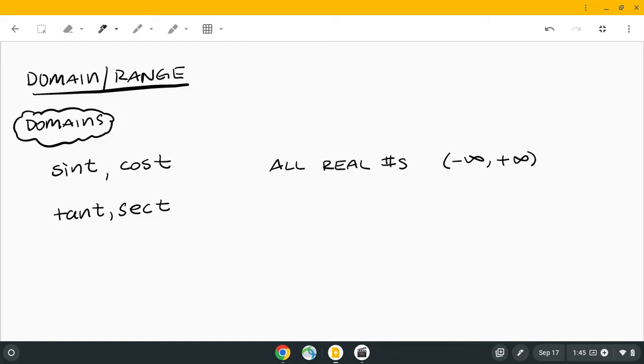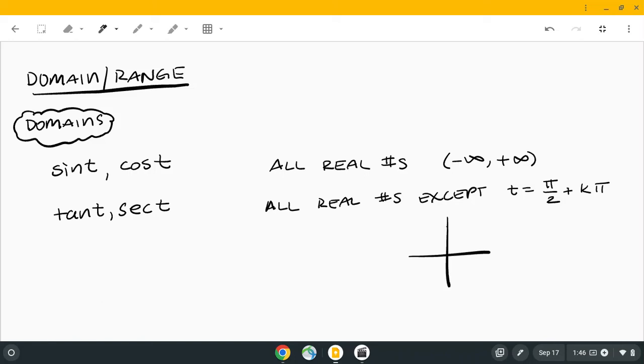Okay, so we can say that the domain, in other words, we can use any angle, so all real numbers except pi over 2 and 3 pi over 2. Pi over 2 to 3 pi over 2 is 180 degrees, or pi, right? So we can't have pi over 2 plus k pi.